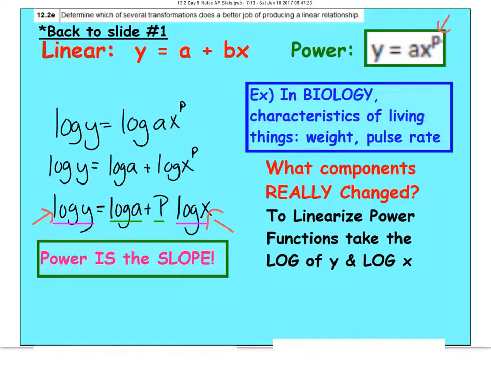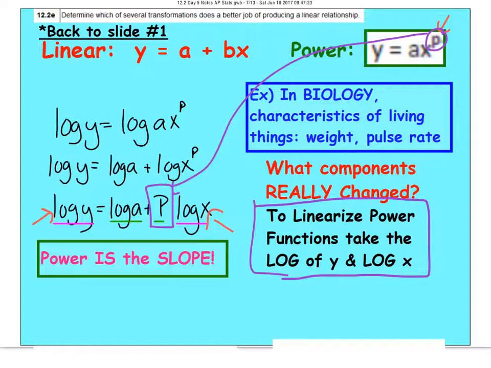This is the slope. By definition, where the p sits here is the actual slope of the function. So the original power of the function now literally becomes the slope. Kind of interesting. But take this away: to linearize anything that has a power function, take the log of y and the log of x.